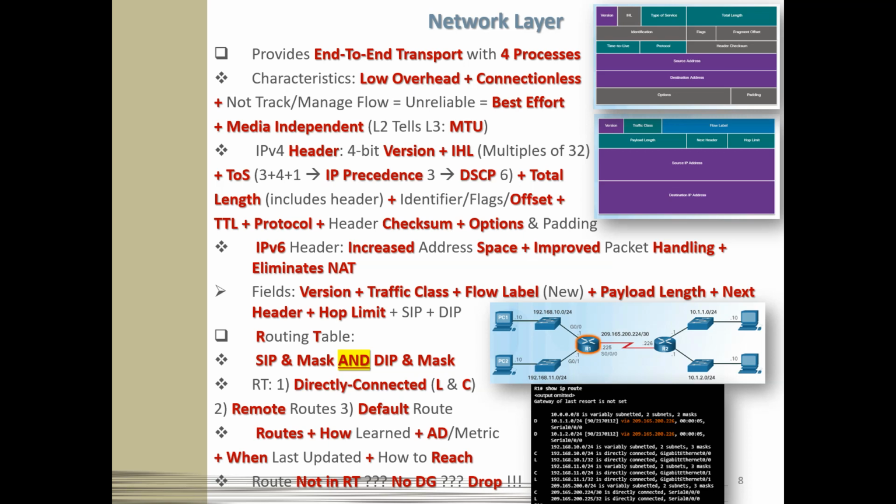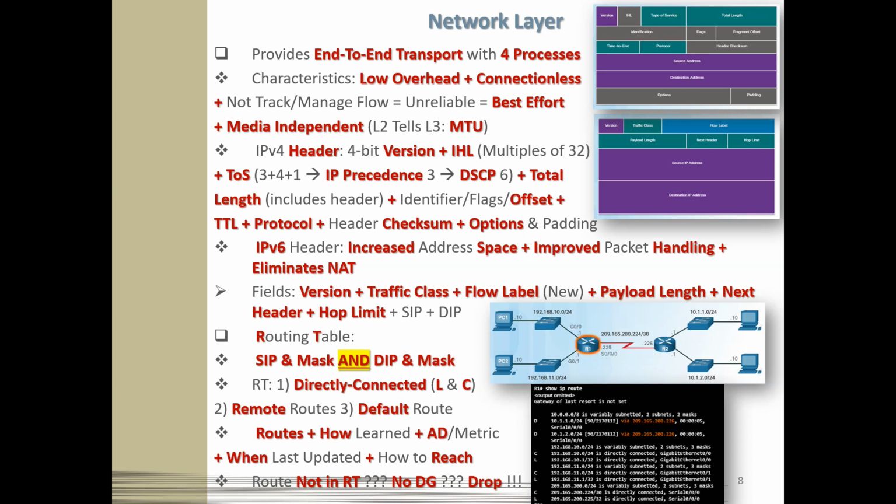The main use of the options field is primarily for testing. As the name suggests, it is an optional field and can have variable length. So in most IPv4 packets, we don't have options; they are not included in most packets.